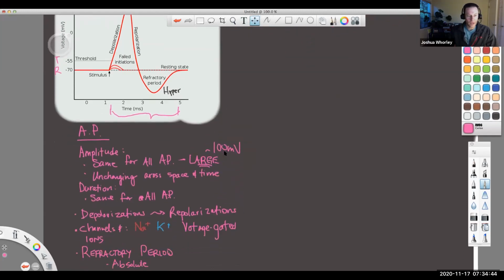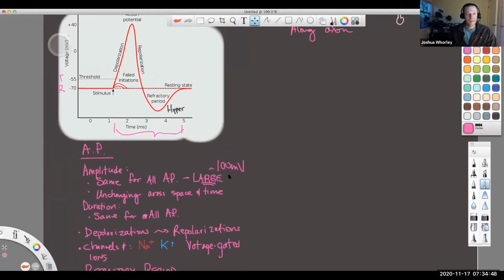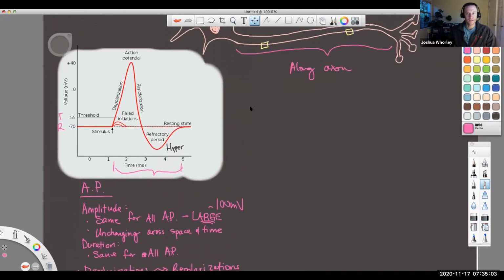So we have these refractory periods. We also have that at every step, and this is really why action potentials are the same amplitude and unvarying in shape and timing, they are reinitiated along every piece of the axon.